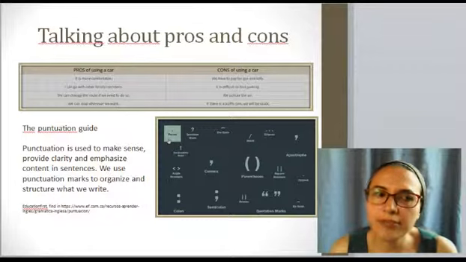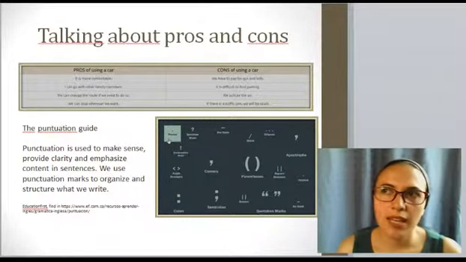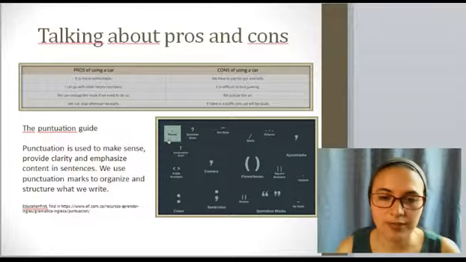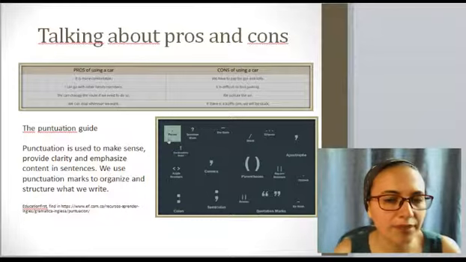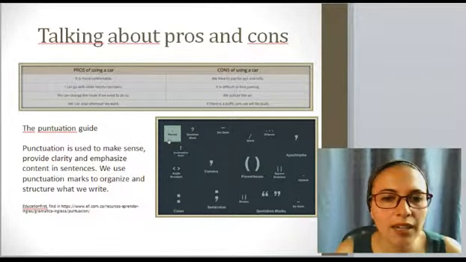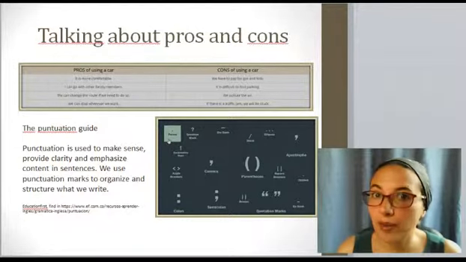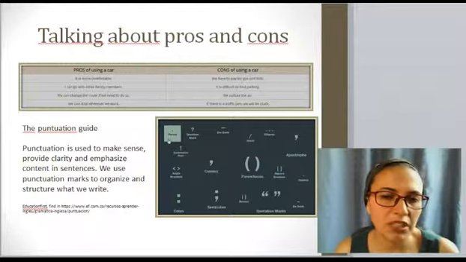Okay, let's continue talking about pros and cons of something. In this example, using a car. Pros: it is more comfortable. I can go with other family members. We can change the route if we need to.